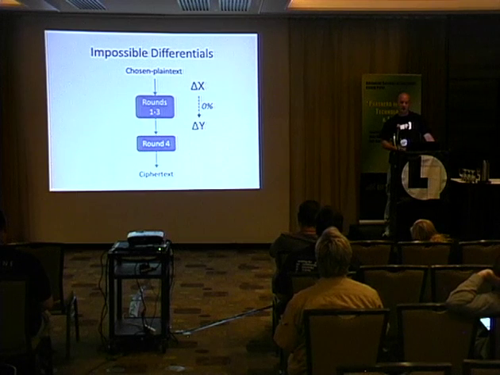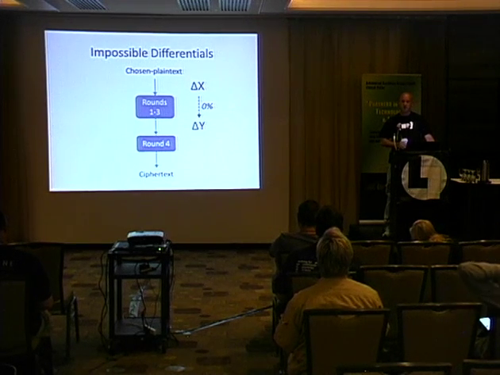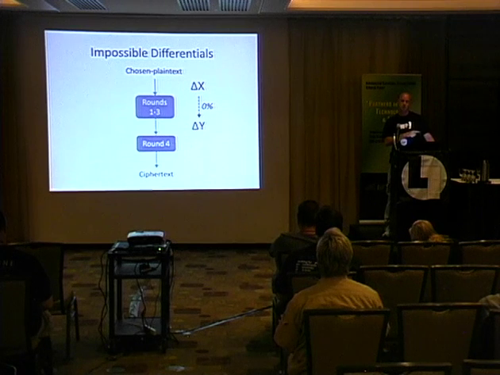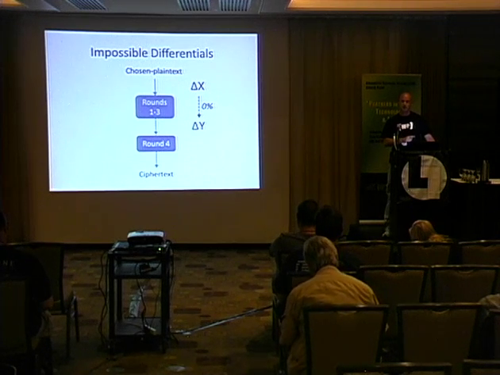Sometimes you can get characteristics where this differential change will never happen. There's a 0% chance. You can use that the same way we did before. You partially decrypt through the last round while guessing the subkey, and if you get the differential that's supposed to never happen, then you know that key is no good, and you can throw it away and narrow it down like that.